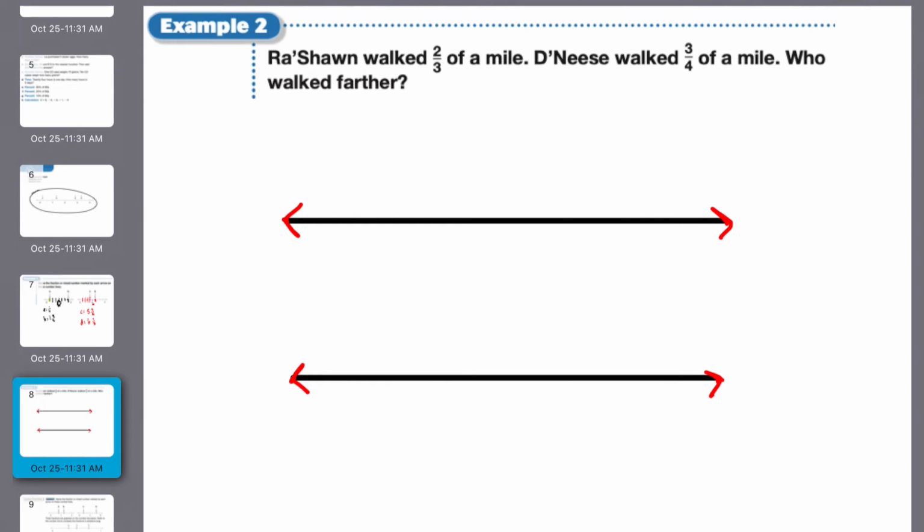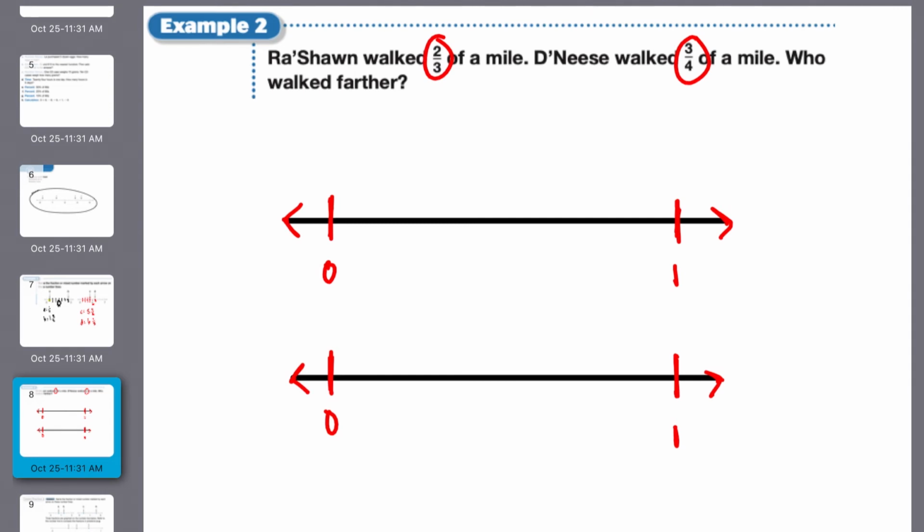So I'm going to have this one, here's 1 mile. Here's 1 mile. Here's 0 miles. 0 miles. And at the top one, I'm going to have thirds. The bottom one, I'm going to have fourths. So 0, and I have 3 equal spots.